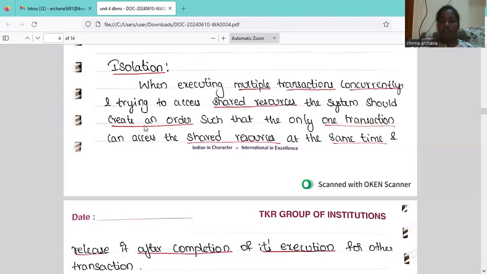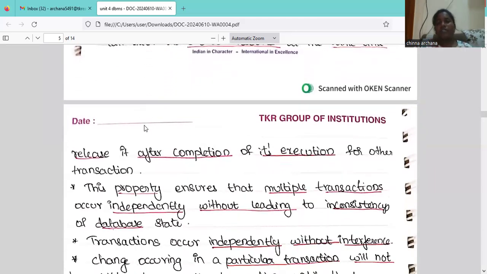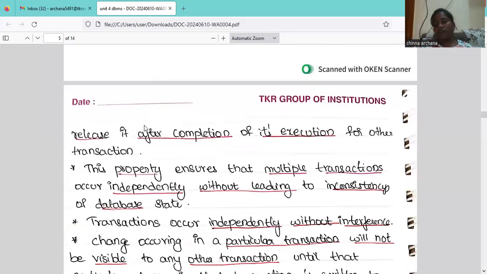After it releases control of these resources, other transactions are allowed to access them. To ensure consistency in the database, we should follow isolation. This property ensures that multiple transactions occur independently without leading to inconsistency of the database state.